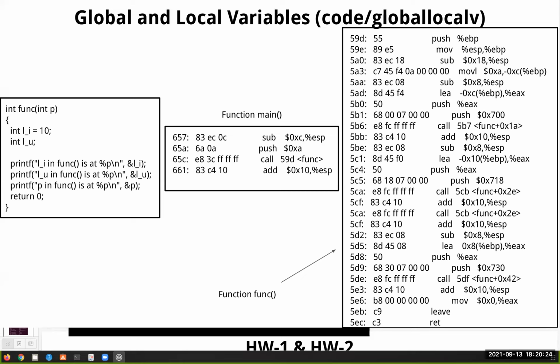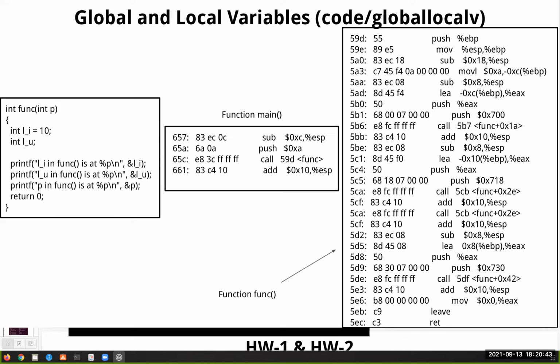Let's first find out the call. This is where the call is. This instruction calls the function func. And this func takes one argument, and in this convention, that argument should be on the stack.